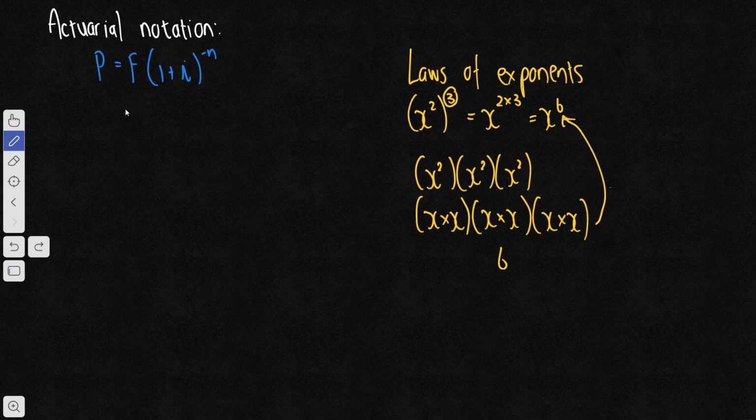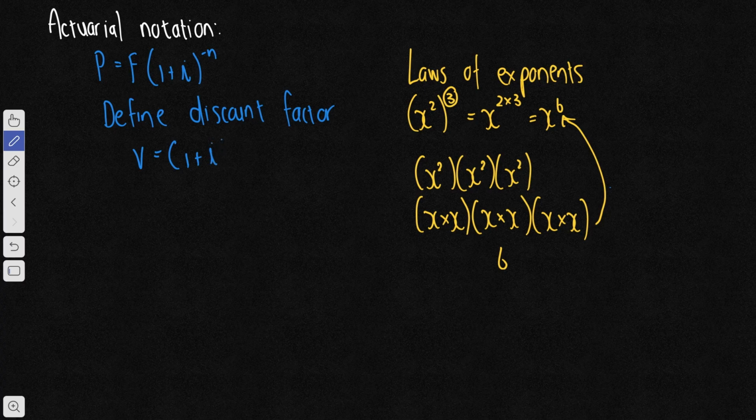So to write this formula in actuarial notation, we need to define a new variable. This variable is called the discount factor in actuarial notation. We use the letter v and we define this variable as 1 plus i to the power minus 1.